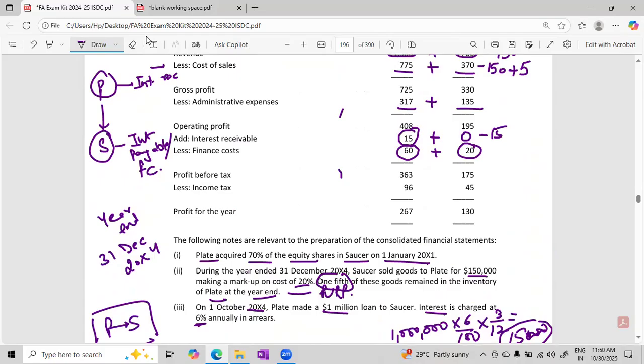So we are going to eliminate this similar to the way we did over here. We deducted 15 from there, so similarly deduct 15 from here, because interest receivable for one is interest payable for another. So add 60 plus 20, and from that deduct 15, and you are going to get 65 as your answer.